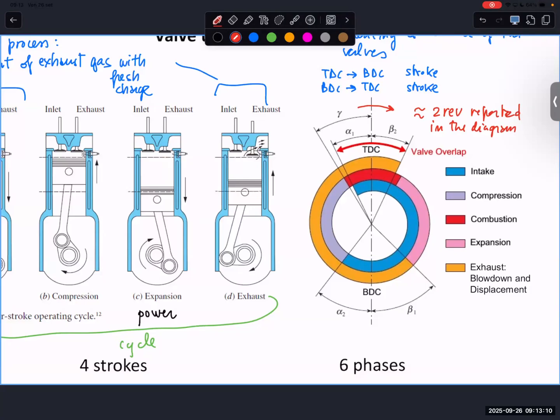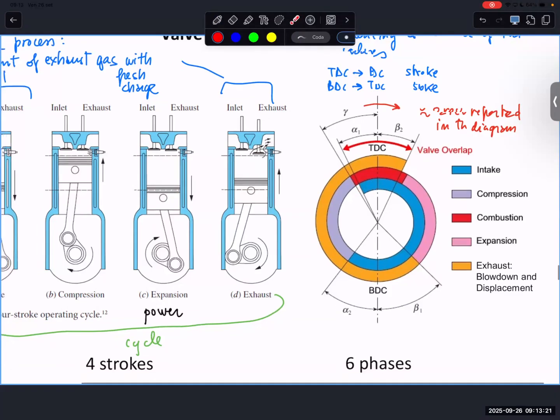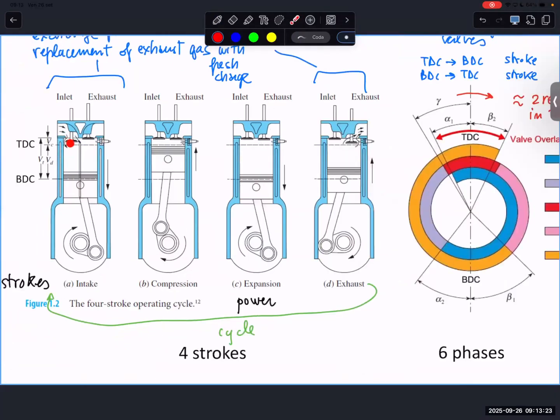The motivation will be provided in next lectures: the intake valve opens before the TDC. So here we have the intake phase. The piston is going from TDC to BDC.